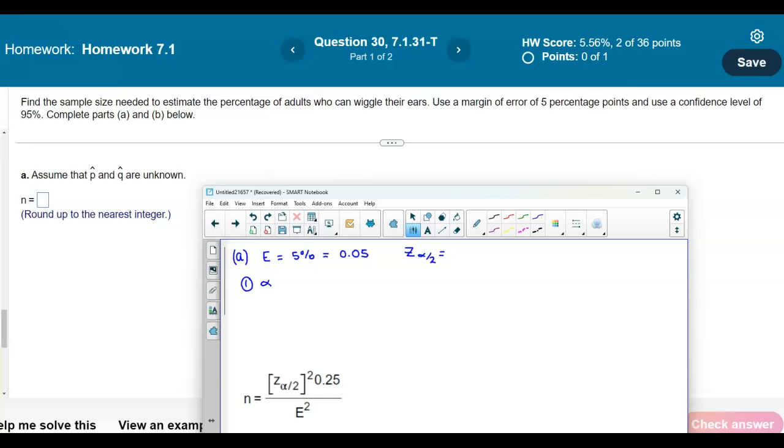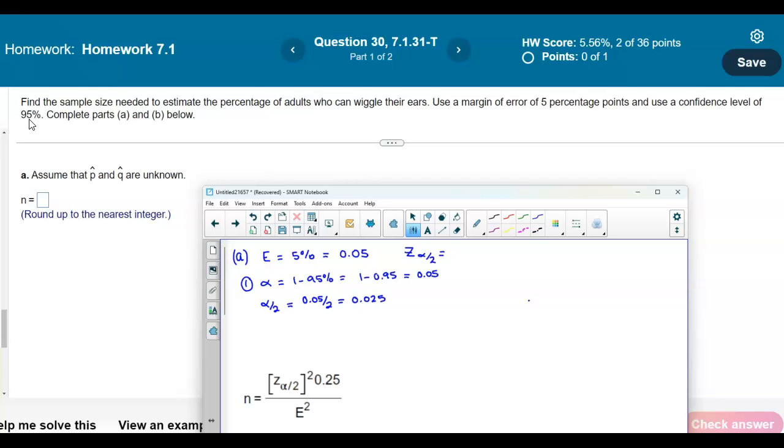The confidence level is 95%, so alpha equals 1 minus 0.95, which gives us 0.05. Now we take that alpha and divide it by 2, so 0.05 divided by 2 gives us 0.025.